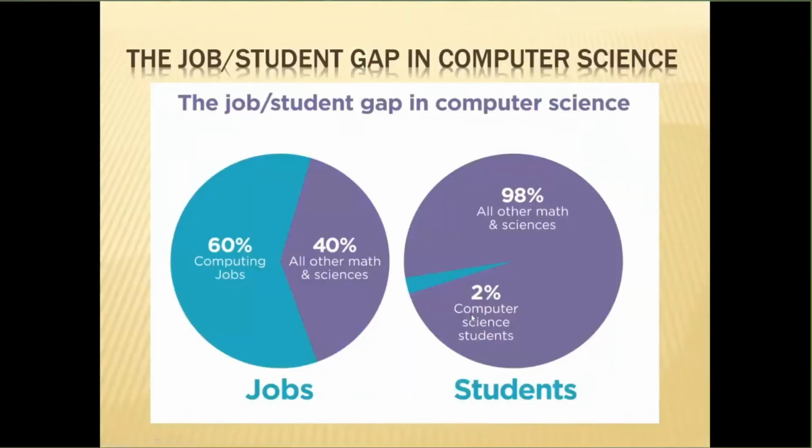Job-wise, if you look again at government statistics, if you look at computer science jobs versus all other math and sciences, you have 60% to 40%, and this is while only about 2% of all these majors are computer science majors right now in most of the universities, and that is, by the way, rapidly changing. 98% are other majors.